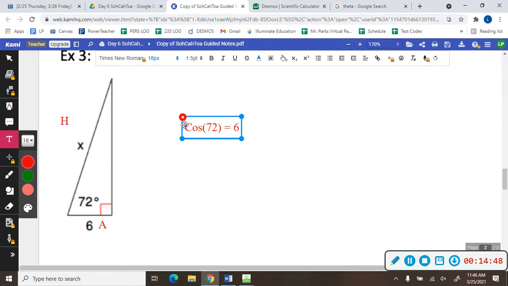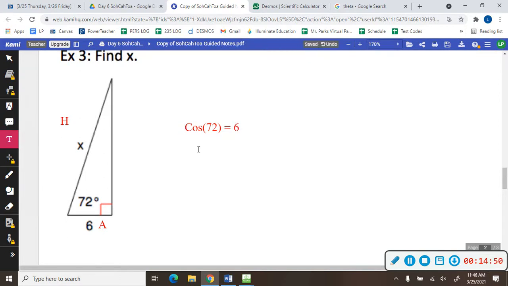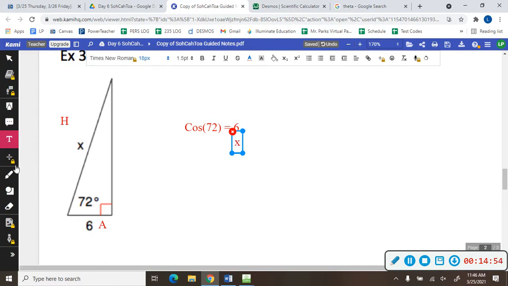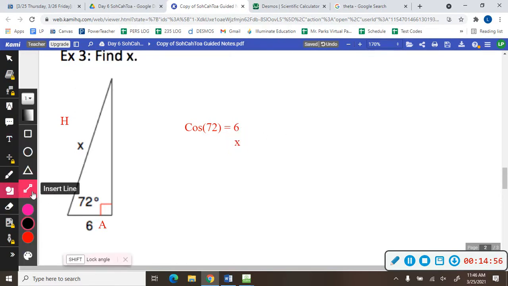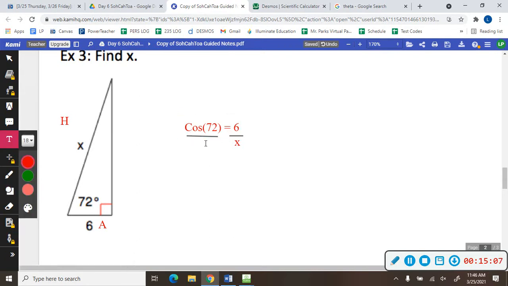6 divided by x. Now I have my proportion. You can put this over 1. Cross multiply.